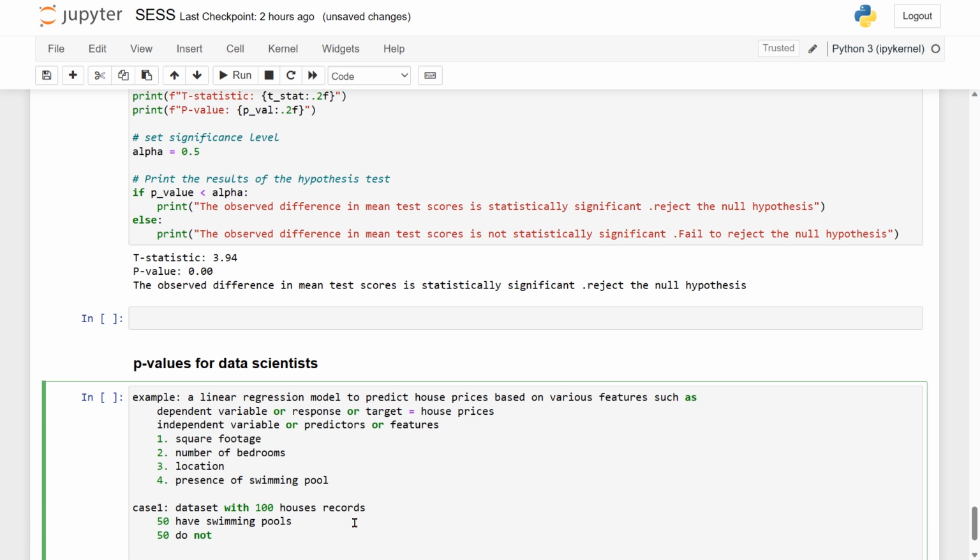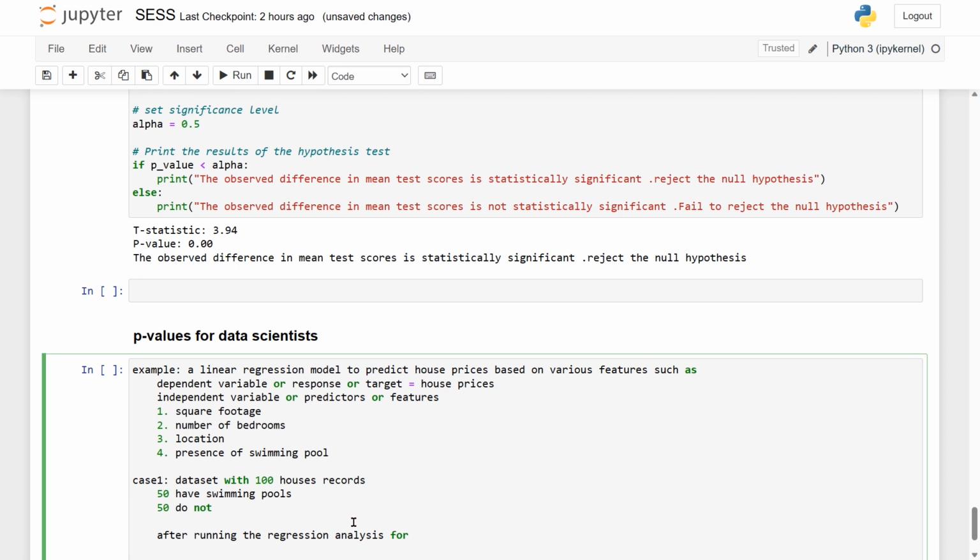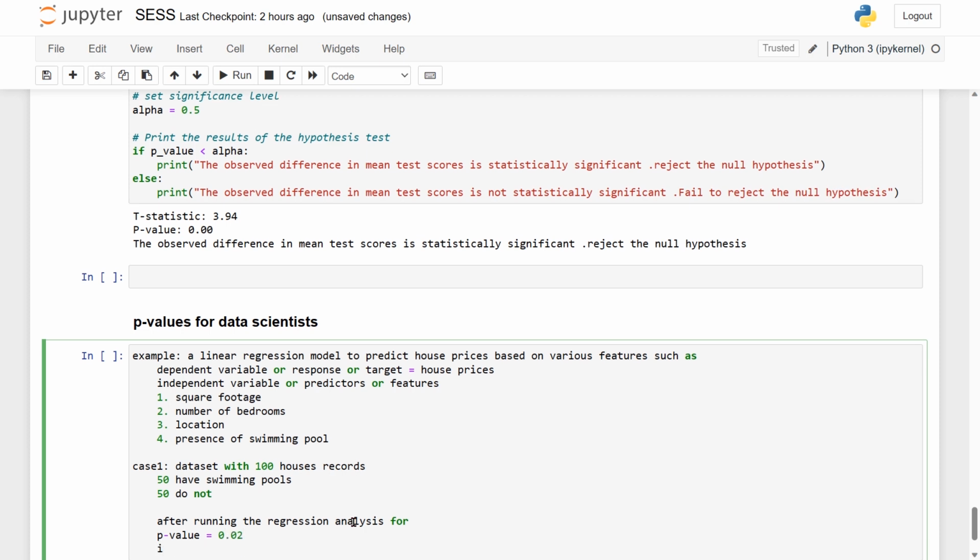Now in this case, after running the regression analysis, the data scientist calculated the p-value. The p-value he got is 0.02, indicating statistical significance at the 0.05 level.